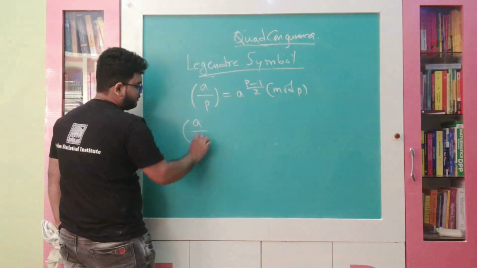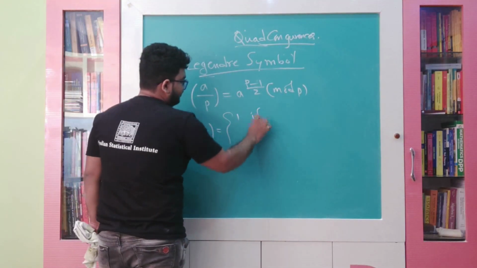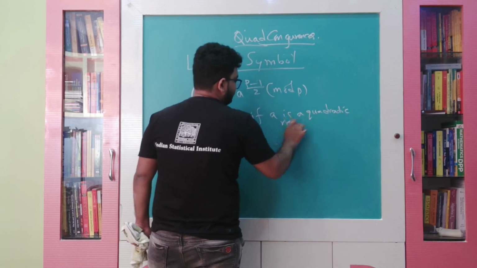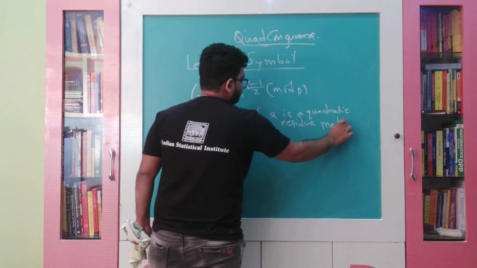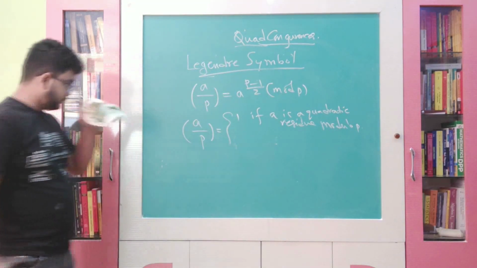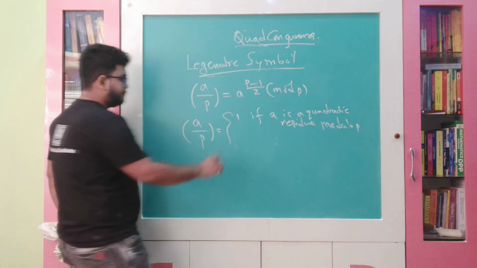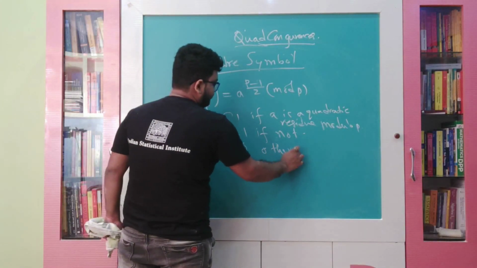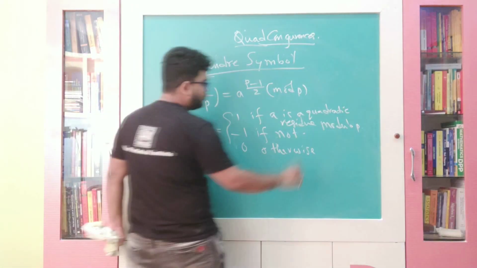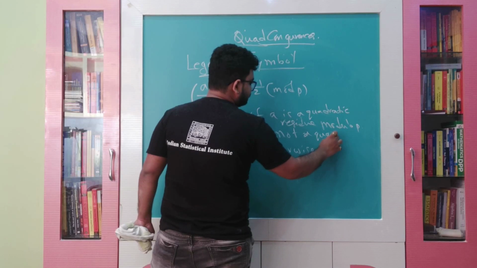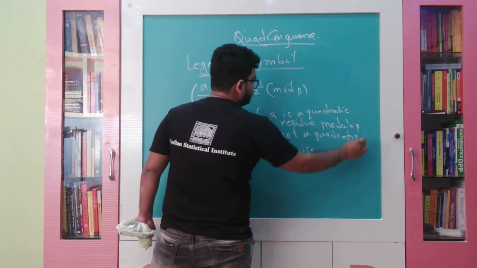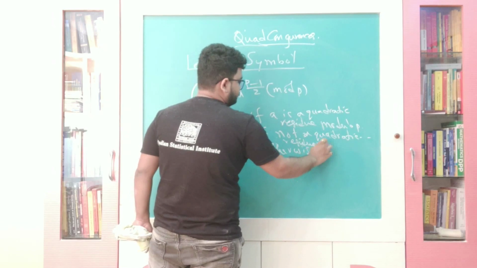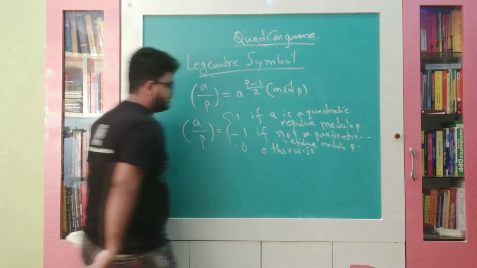That means (a/p) equals 1 if a is a quadratic residue modulo p, minus 1 if a is not a quadratic residue modulo p, and 0 in other words, when p divides a.